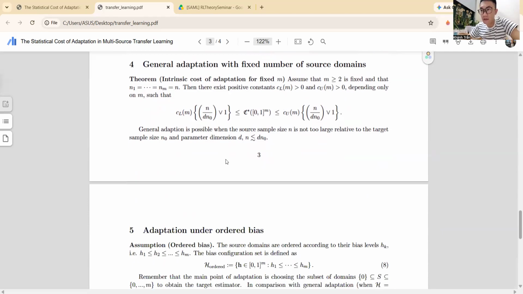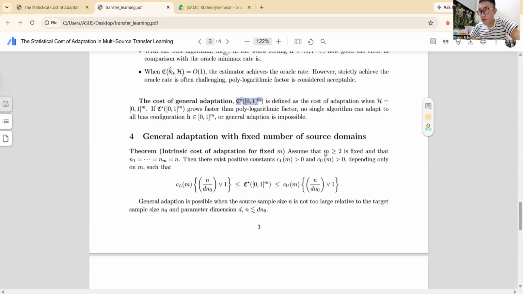So the theorem here means that when the number of source domains M is fixed and greater or equal to 0, and assuming the sample sizes of all domains are equal, the general cost of adaptation, C star of 0 to 1 powered by M, is bounded by two constants, C LM and C UM, multiplied by the minimum of N over D and 0.